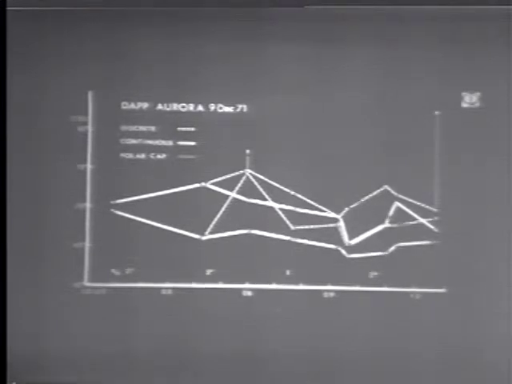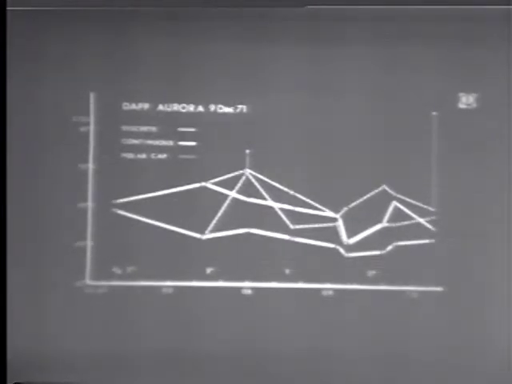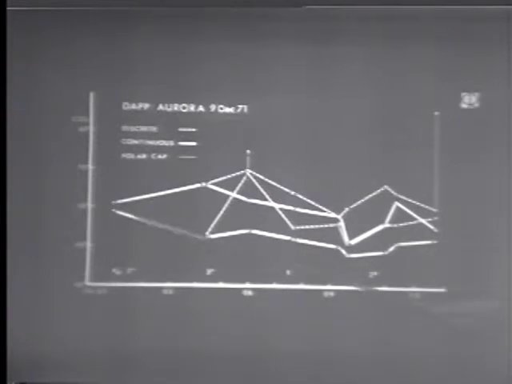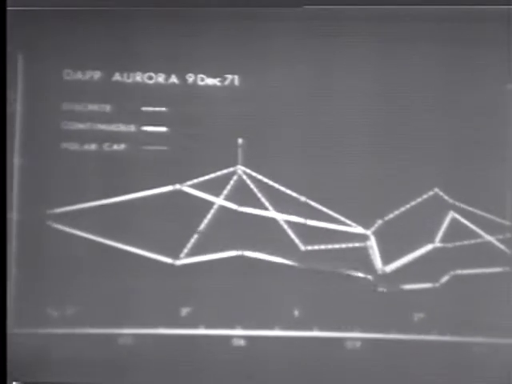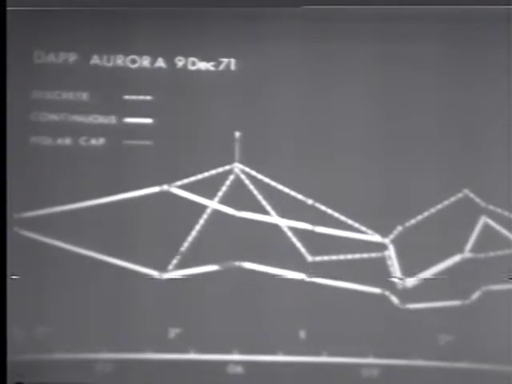The dotted lines outline what the oval did during this time, and the solid lines what the continuous or diffuse aurora is doing. Of course, there's a big gap between here. There's an orbit missing.